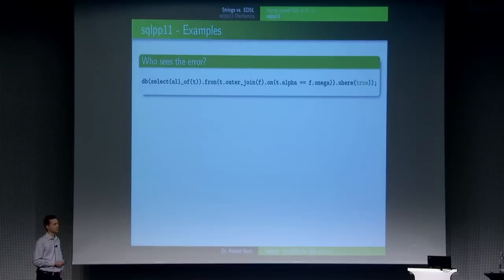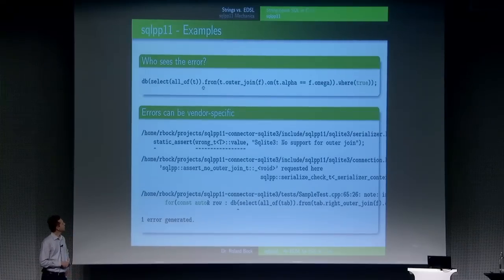Right? Okay. Any of you uses Sqlite? All right. So in that case, Sqlite doesn't support outer join. And the library will tell you, if you're compiling this and using Sqlite, that, hey, this won't work at compile time.